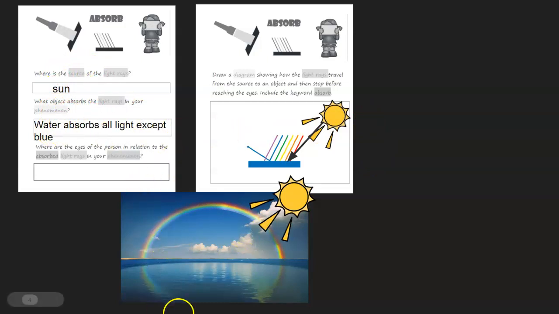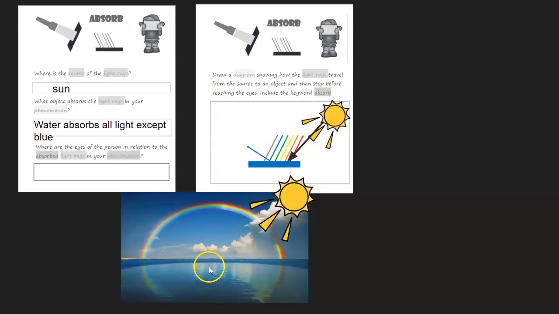This picture, there's a lot of light doing a lot of different things. I'm going to focus on one thing. If I want to focus on the rainbow, or even the reflection of the rainbow, I could focus on what colors are being reflected back and what colors are not. Or I could just focus on one color of the rainbow. The red of the rainbow is, okay, I'm going to pick an even easier one.